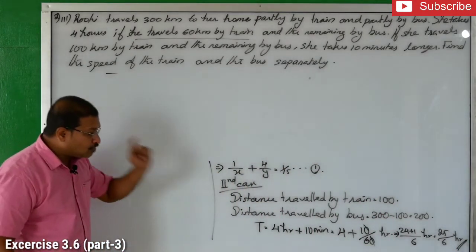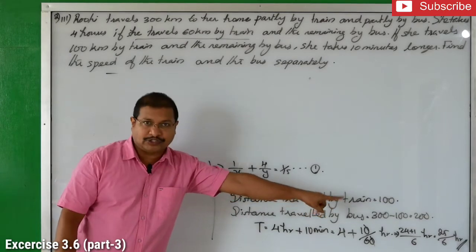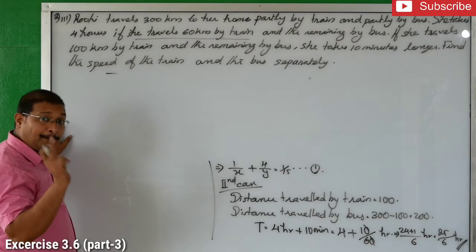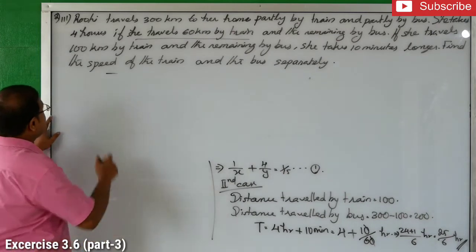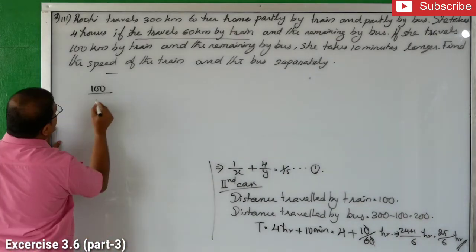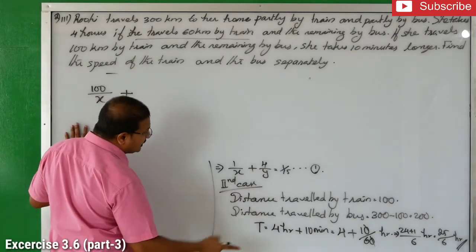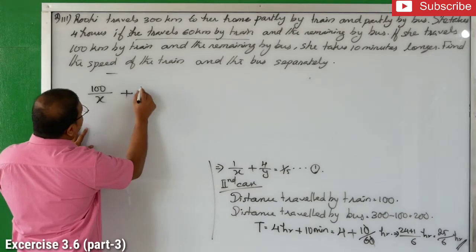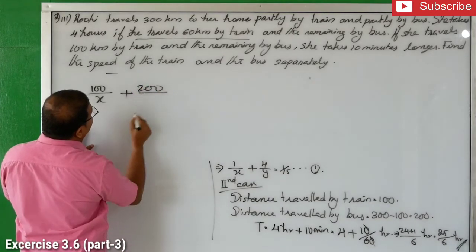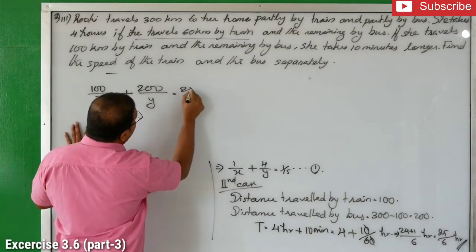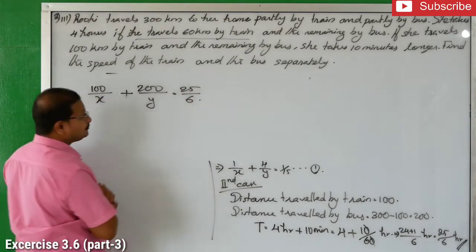Now we got actually the total time is 25 by 6 hours, isn't it? That means the time taken by the train plus time taken by the bus. That means time taken by the train means distance by the speed of the train plus distance traveled by bus. Distance traveled by bus is 200 divided by the speed of the bus y equals the total time, that is 25 by 6. Ready?